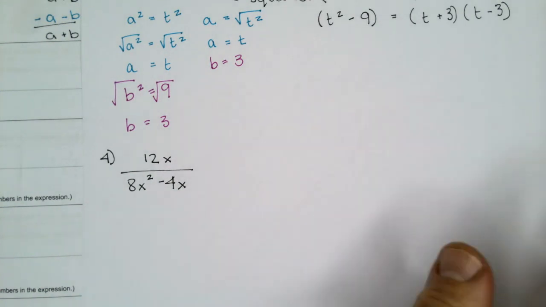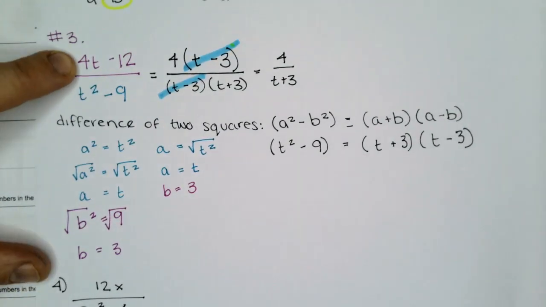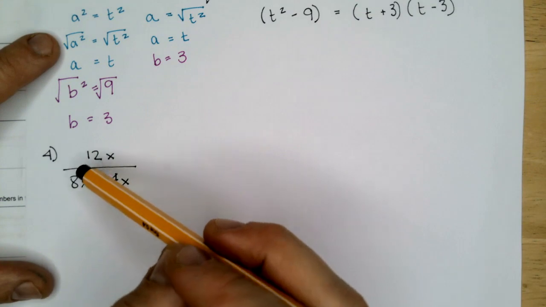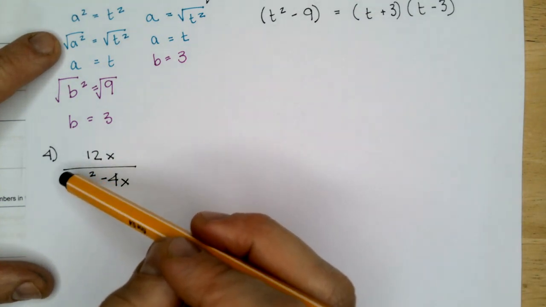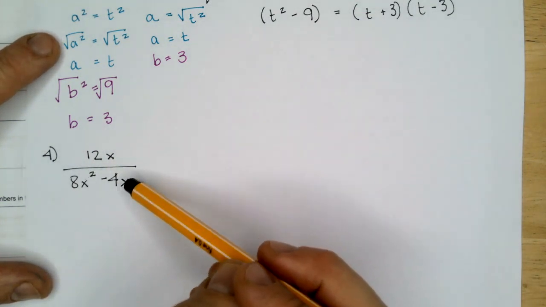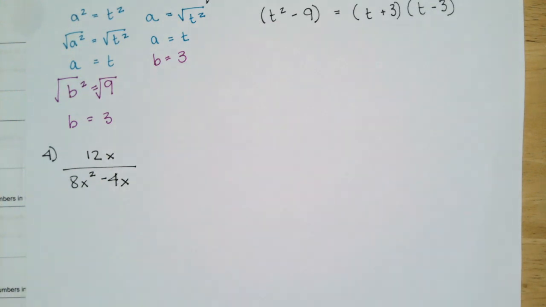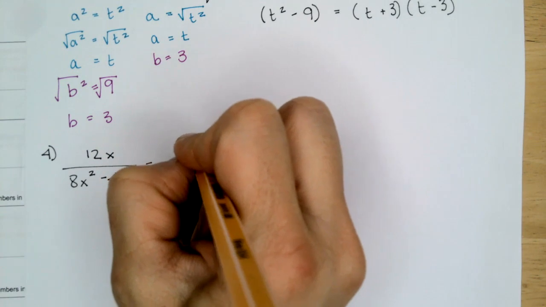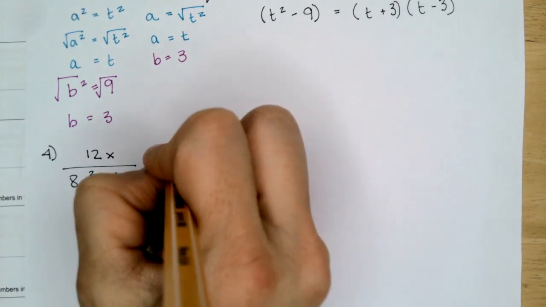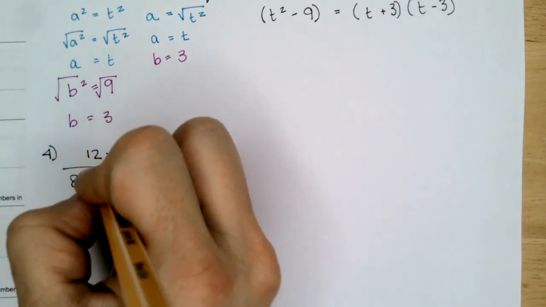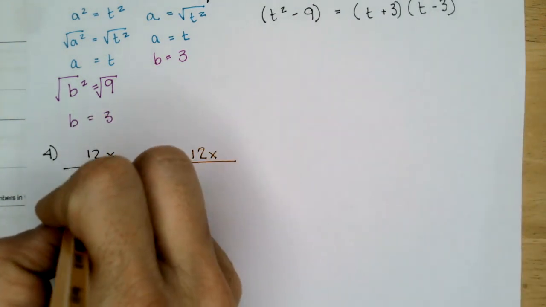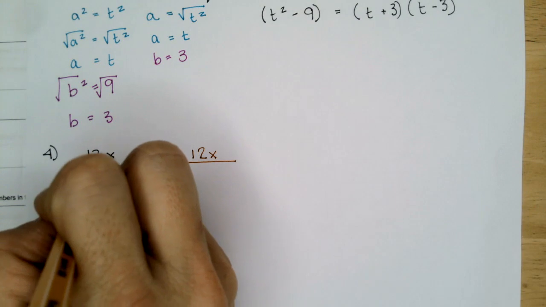So instead, you maybe want to look at it like the 4t minus 12. Is there anything I can divide out of 8x squared minus 4x? 12x is just alone up here. 8x squared minus 4x, I can factor out a 4x.